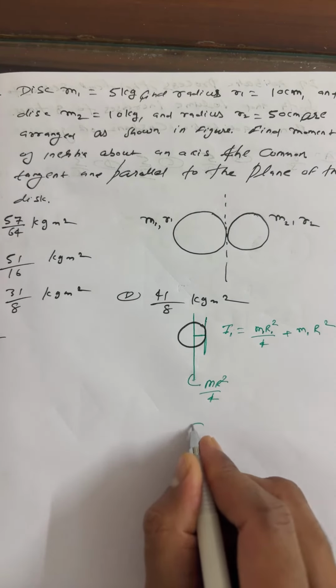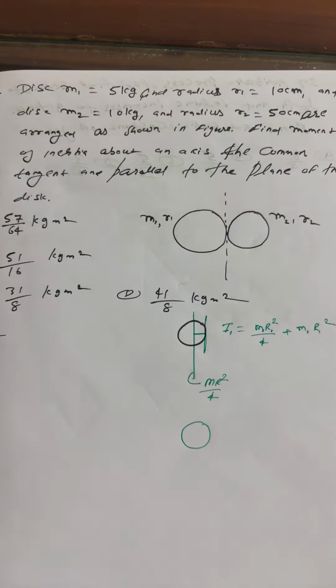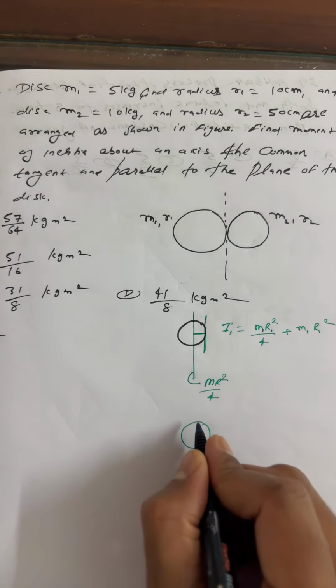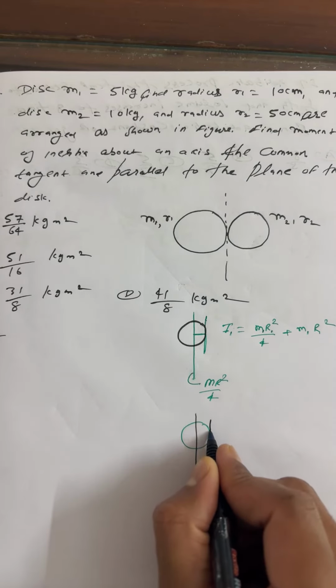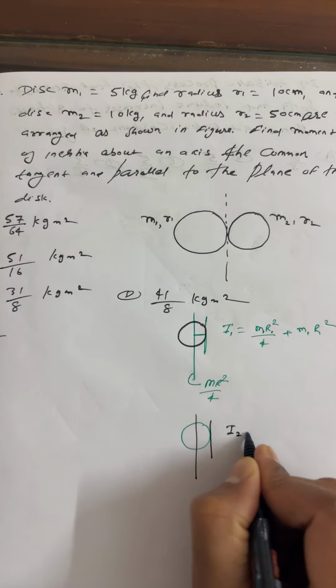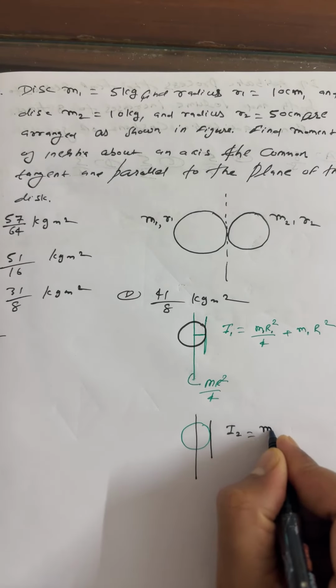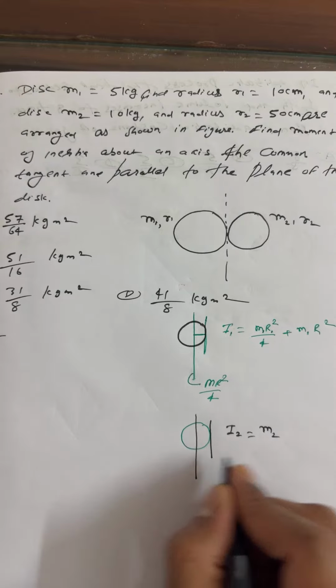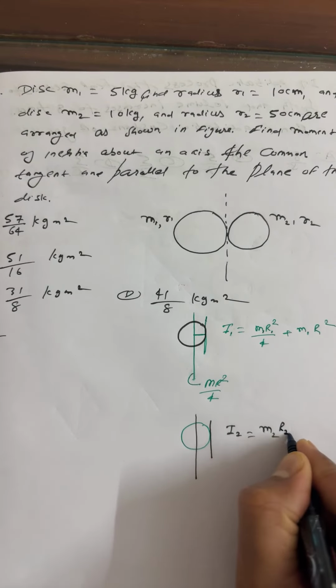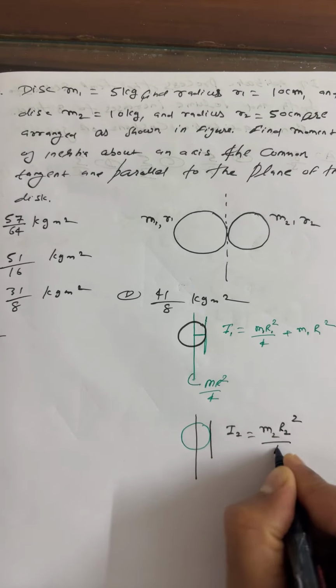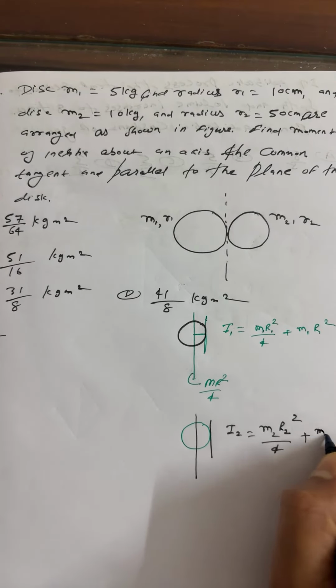Similarly, for the second disk, again about the tangent, we can write I2, which is M2 R2 square by 4 plus M2 R2 square.